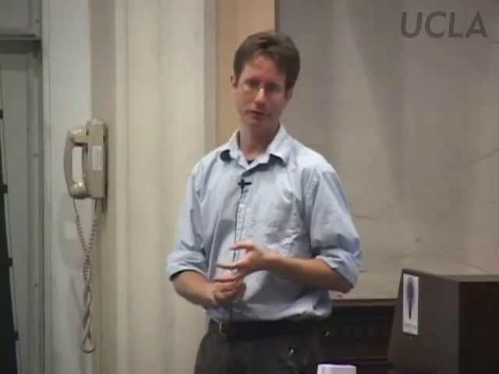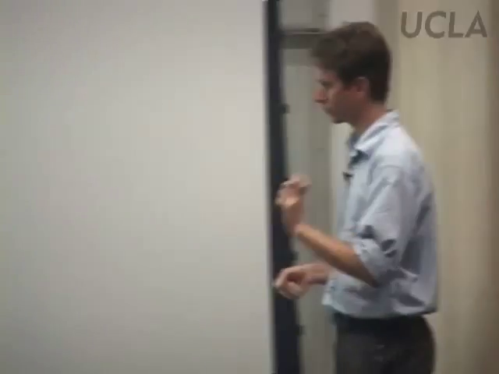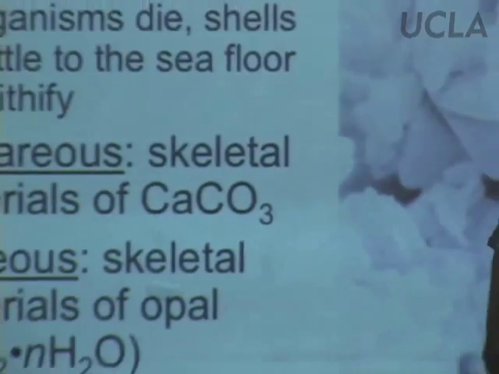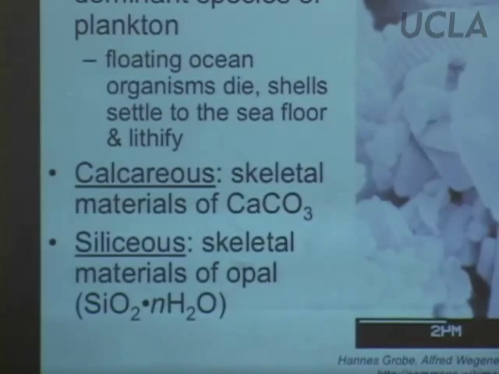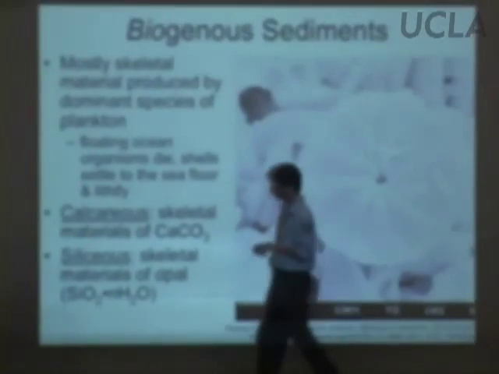We're going to talk about 2 basic divisions of skeletal material because most skeletal material falls into these 2 types. There are calcareous skeletal materials made out of calcium carbonate, CaCO3. Ca means calcium, C is carbon, O is oxygen, in crystalline form of one kind or another.